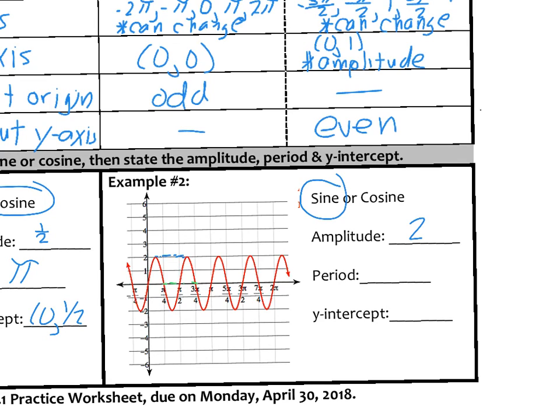So 3 pi over 4 minus pi over 4 would be 2 pi over 4, or pi over 2 would be the period. Okay, it takes about a half pi period to go through a full cycle. And the y-intercept is at the origin, so that would just be 0, 0.